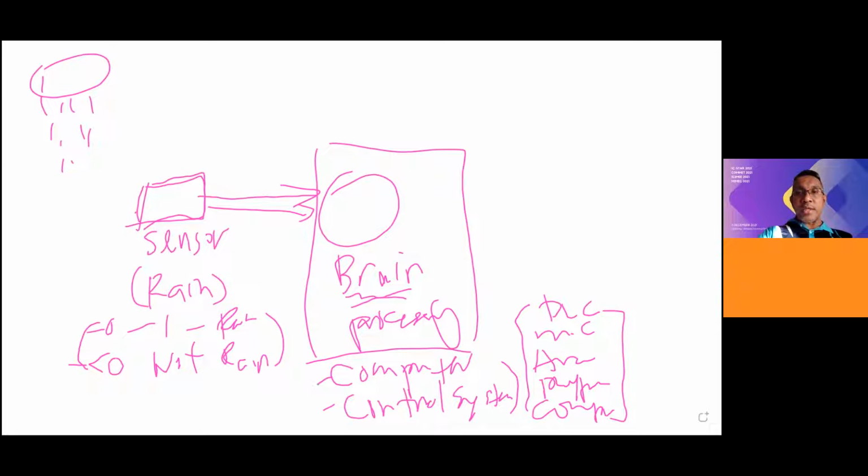After we process, this is the input. Then we have the output. With the output, we connect something that can realize what we do with the sensor. For example, we see the phone, so our eyes detect the phone.